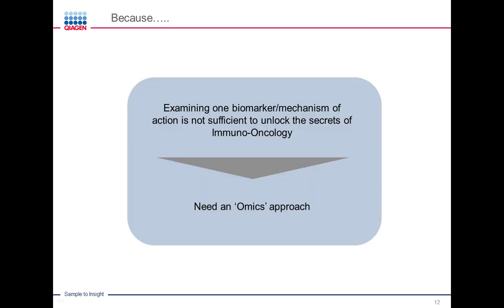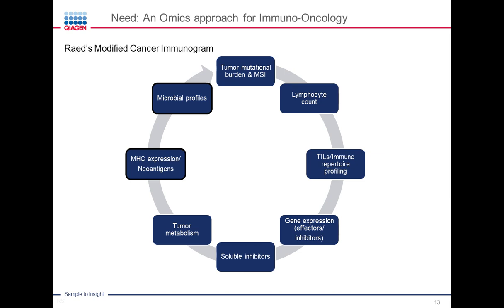And to try to summarize everything that has been done so far, the reason why is because examining one biomarker or mechanism of action is not sufficient to unlock these secrets of immuno-oncology. And one needs to take an omics approach in order to understand why some tumors are responding, some tumors are not.